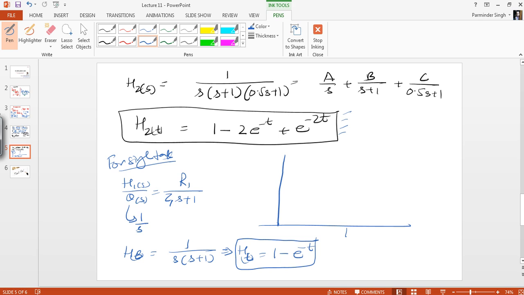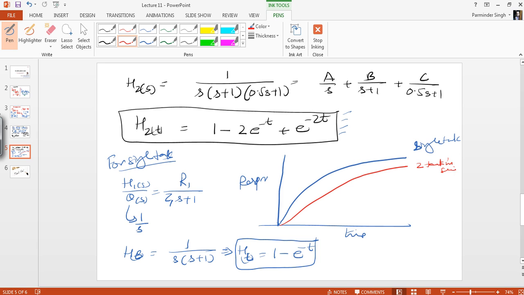Now if you plot, that's the time and the response over here. Let's say this is the response of a single tank, and if you plot for different values of t, that will be the response of two tanks in series. And suppose there is a third tank, then that will be this one, so 3 tanks in series.